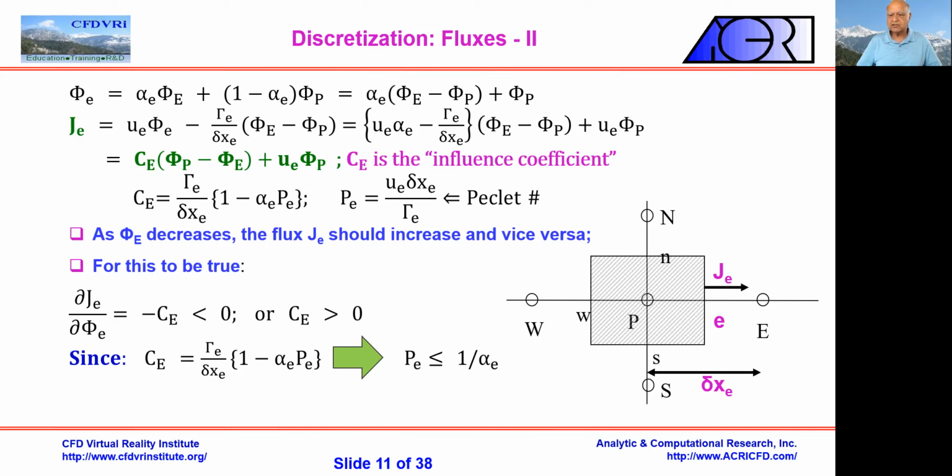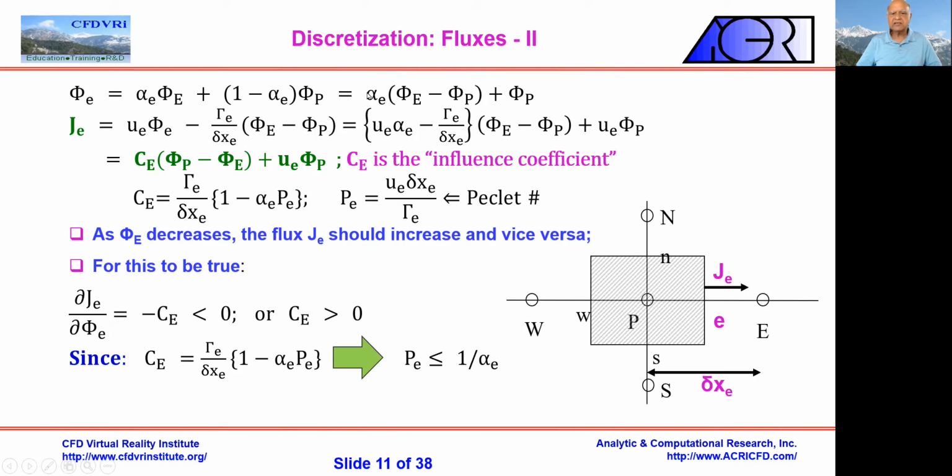So we have to assume that this value must fall between these two values. Therefore we can interpolate it with an interpolation coefficient called alpha E. This is alpha E times this value plus 1 minus alpha E times this value. So this gives you an equation written like this: phi e equals alpha E phi P plus (1 minus alpha E) phi E.